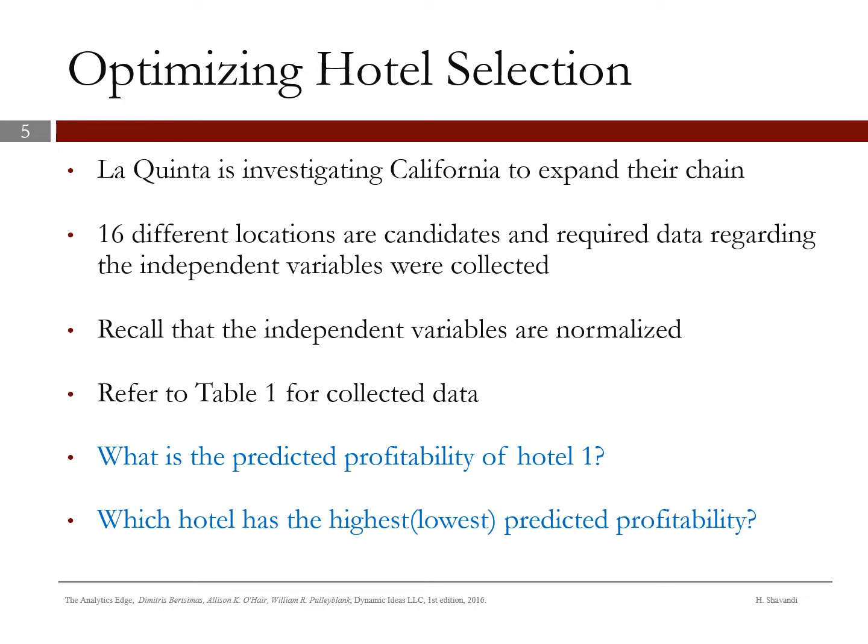We have the data in table 1, and here we need to be careful that the independent variables are normalized. They are not referring to the actual value here. They are normalized. So now we want to see what's the predicted profitability of hotel 1, and which hotel has the highest or the lowest predicted profitability.